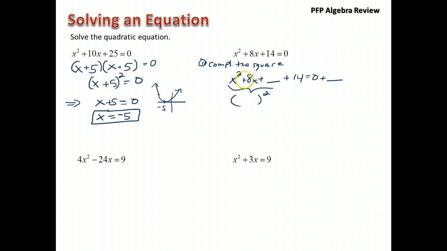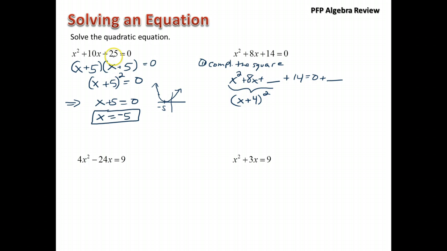And so playing the role of the 8 here is this 10, and we need to work in this direction where we have the 10, and we want to know what goes in here with the x in the perfect square. It's half of that coefficient on x. So half of the 8 is a 4, so what goes in here with the x is a 4. We keep the sign.